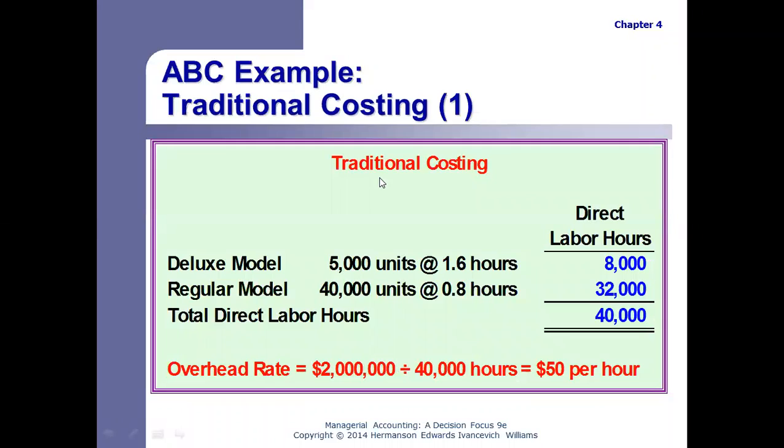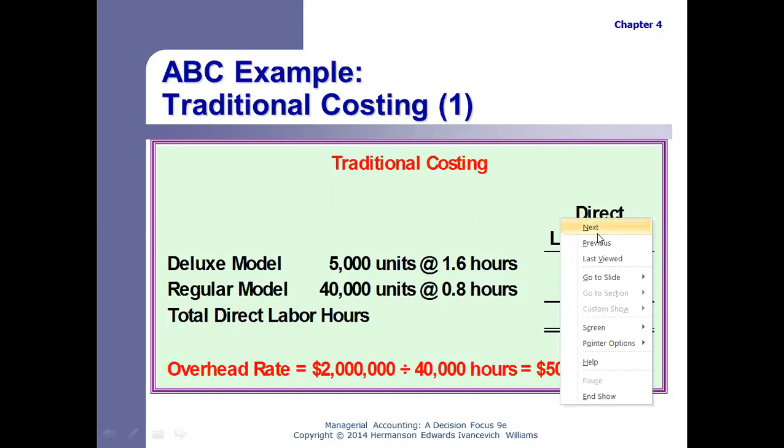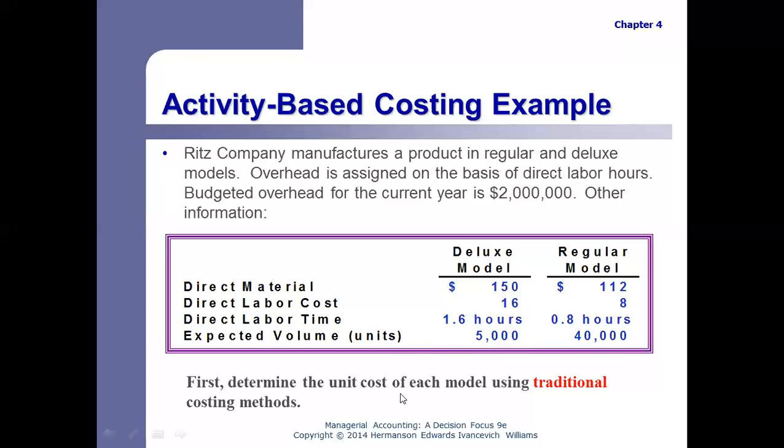So in traditional costing, let's say we decide to use, I don't know if it tells us that, but let's assume that overhead is assigned on the basis of direct labor hours. So that means direct labor hours are the method or the way we're going to spread out the overhead.